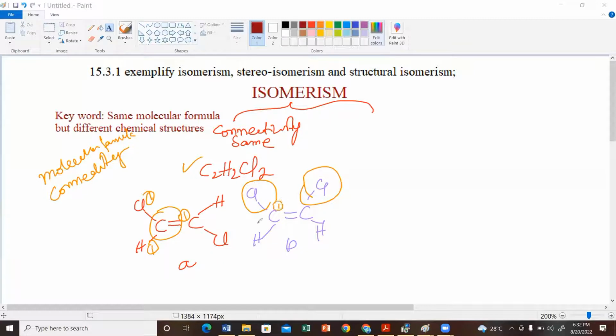First carbon is connected to hydrogen, chlorine and carbon. Second carbon is also connected to hydrogen, chlorine and carbon. But what is different is the orientation. Orientation of heavy atoms is different. In this, the heavy atoms are in opposite direction. This chlorine and this chlorine are in opposite direction, while in that skeleton, the chlorines, the heavy atoms, are on the same direction. So that type of isomerism is known as stereoisomerism.